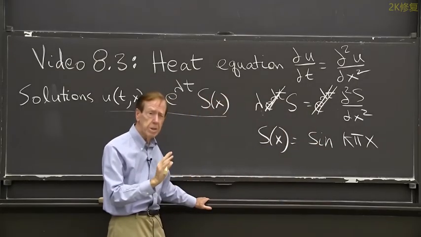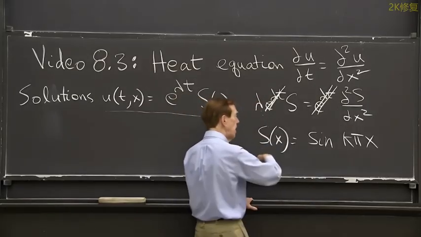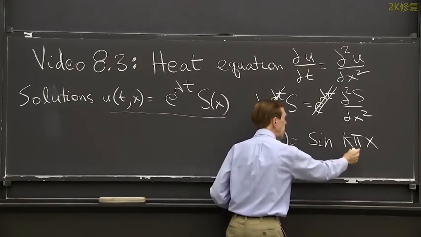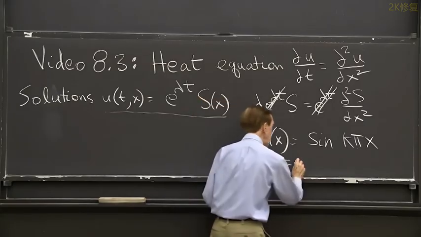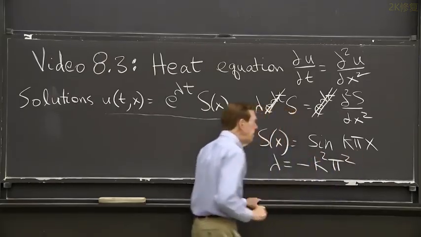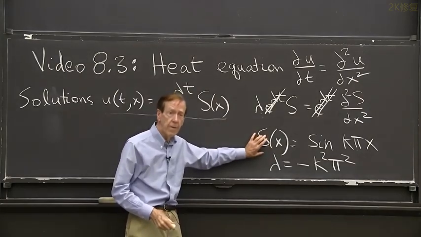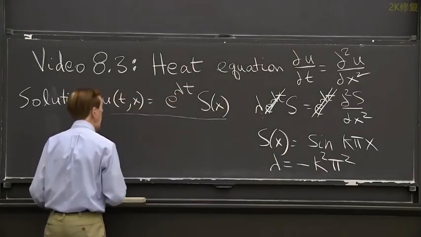I get back sine k pi x, so that's great. It's an eigenfunction, and out comes the eigenvalue. Lambda is, well, when I take 2 derivatives, k pi comes out twice with a minus sign. So it's minus k squared pi squared. So I have found a bunch of eigenfunctions and the eigenvalues.